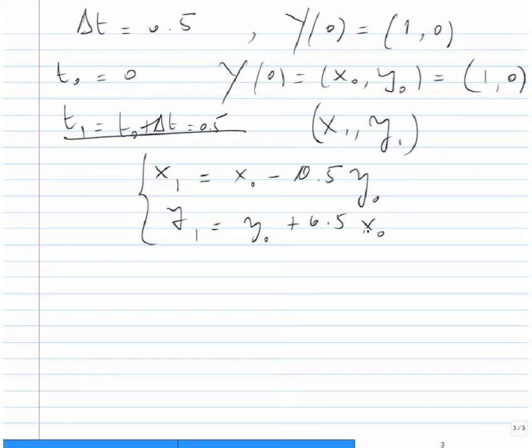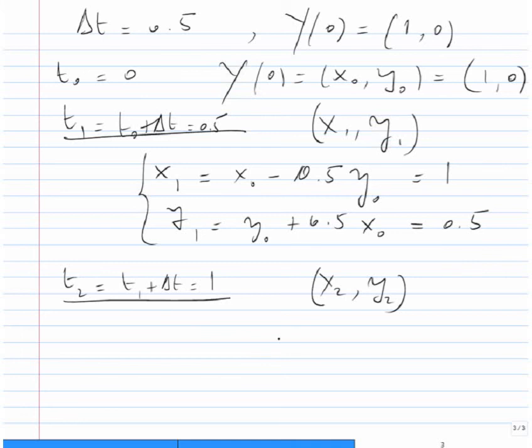If you put this together, you will find that this is equal to 1 and this one is equal to 0.5. Then you go for t2, which is t1 plus delta t, that's 0.5 plus 0.5, that's 1. And we look for x2 and y2, and so on.